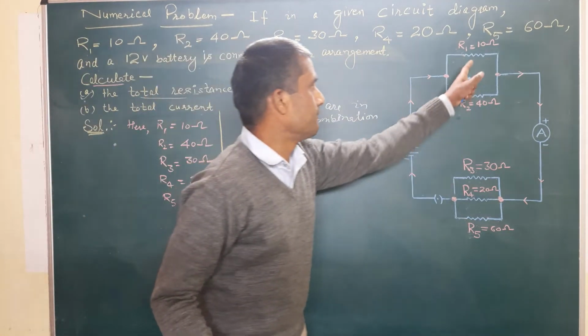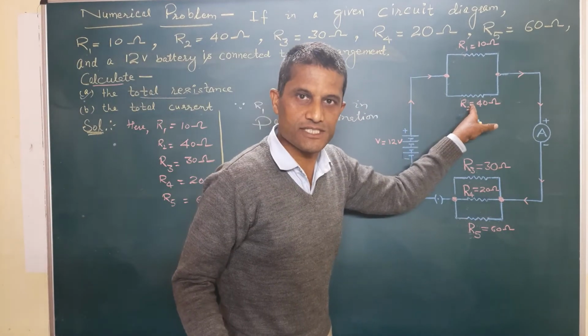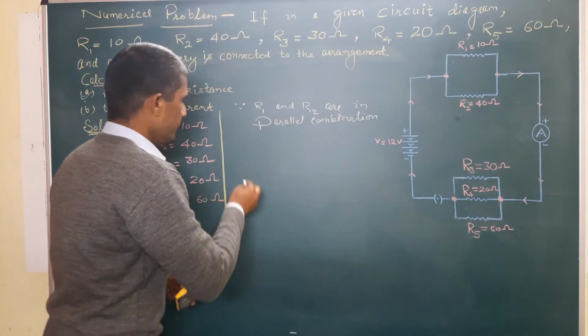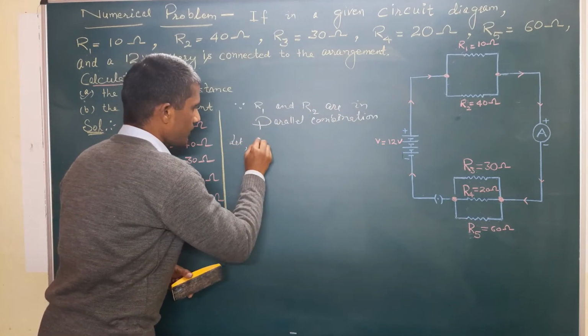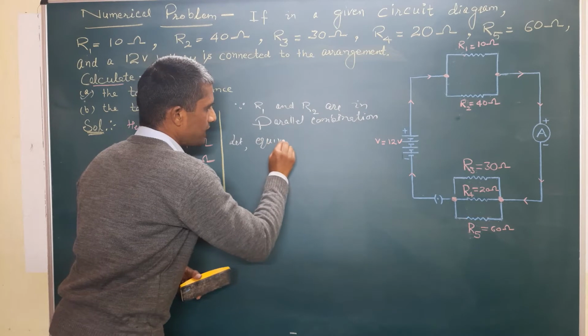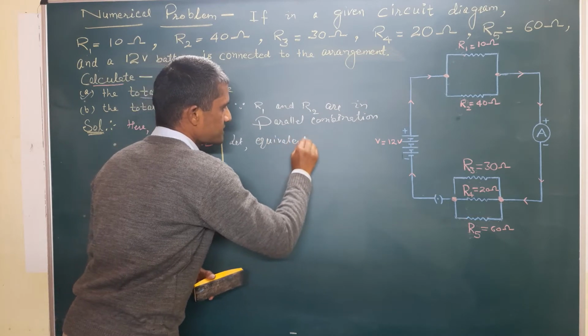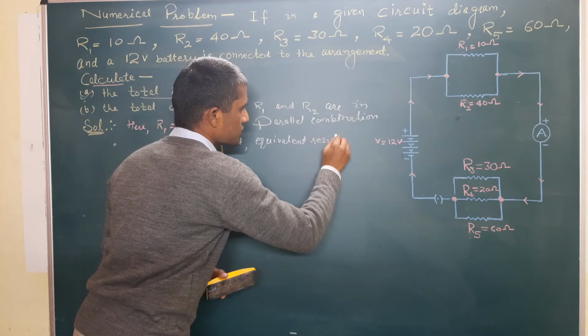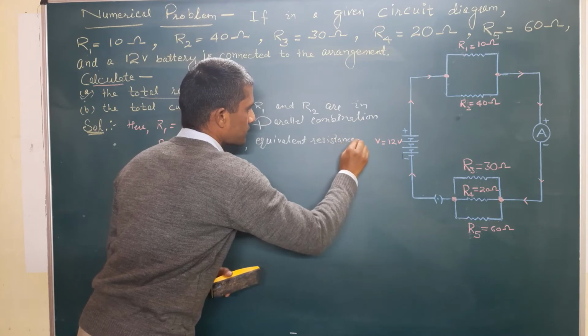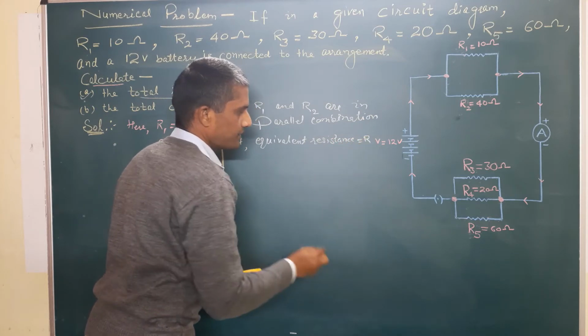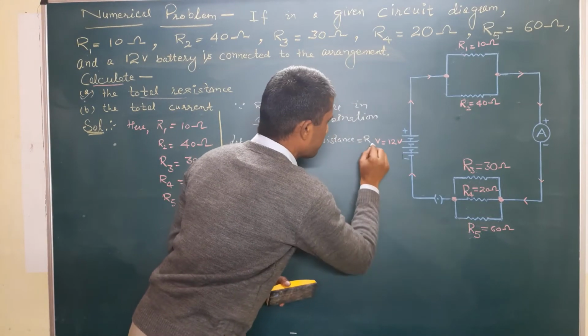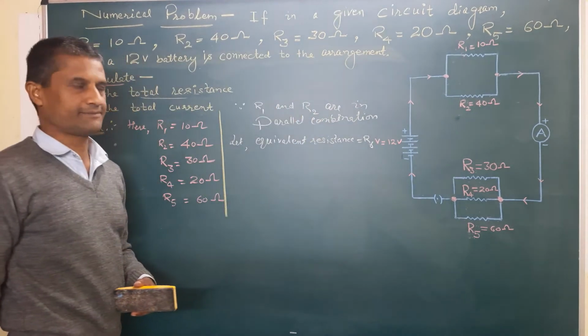So we are going to find out the resultant resistance for these two resistors, and let the equivalent or resultant resistance for the combination be R. We have taken up to R5, so it's going to be R6.